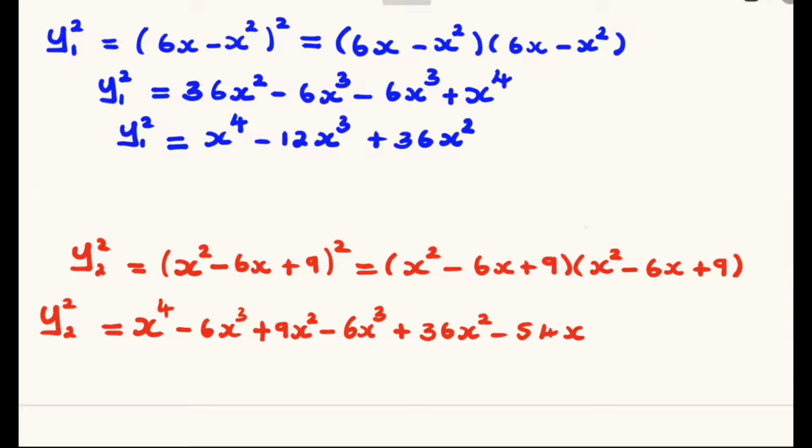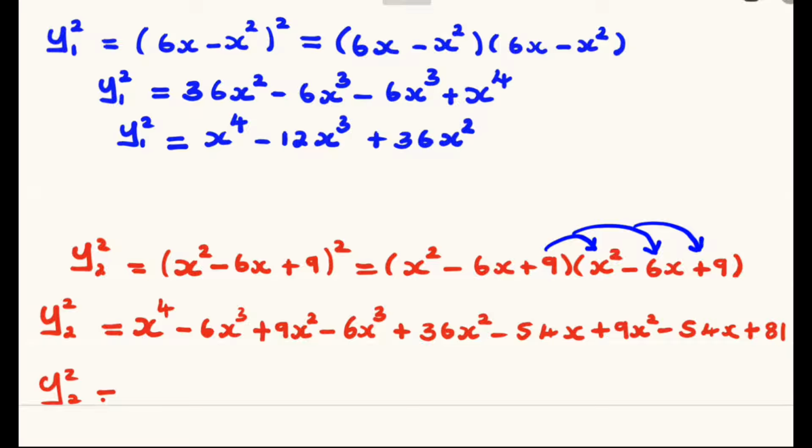We now distribute the positive 9. 9 multiplied by x squared is equal to positive 9x squared. 9 multiplied by negative 6x is equal to negative 54x. 9 times 9 is equal to 81. So our y2 squared will be equal to x to the power 4, and the negative 6x cubed minus 6x cubed will be equal to negative 12x cubed.